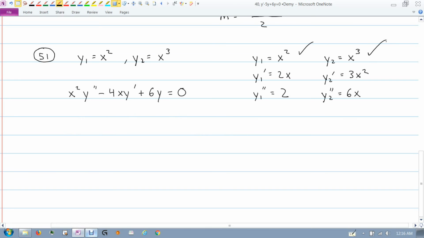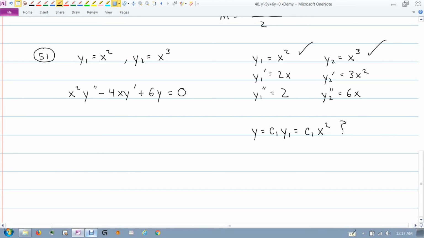Now, it says, are the constant multiples c1y1 and c2y2 with arbitrary constants also solutions? So what they're saying is, let's look at y equals c1 y1, which is really just c1 times x squared.